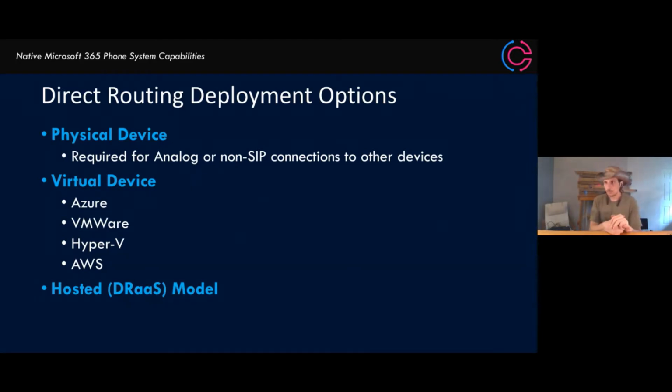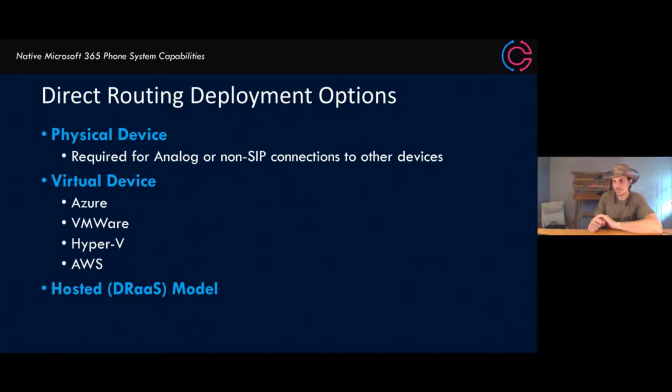Then we go to virtual, and there are many different platforms that you can deploy virtual in. You can deploy within Azure, VMware, Hyper-V, AWS as well. Some of them even have streamlined the ability to deploy in Azure with things like having an Azure Marketplace option that makes it more templated to deploy their virtual SBC. Others have templates that make it easy to just deploy in your own data center.